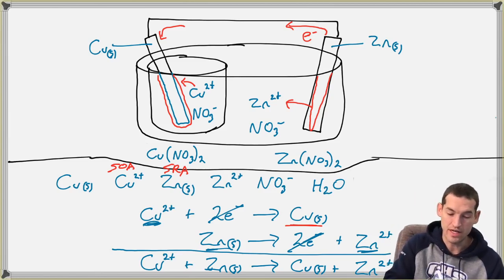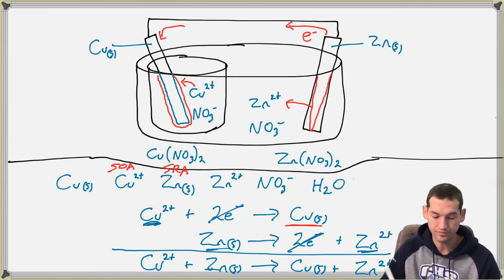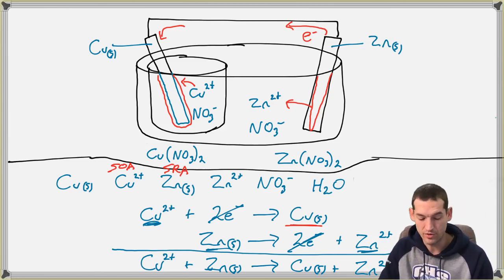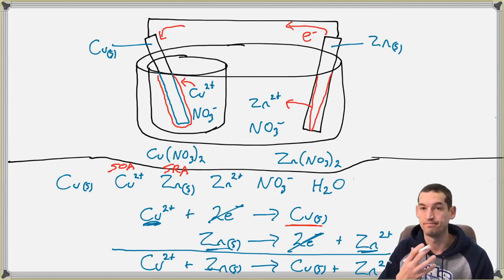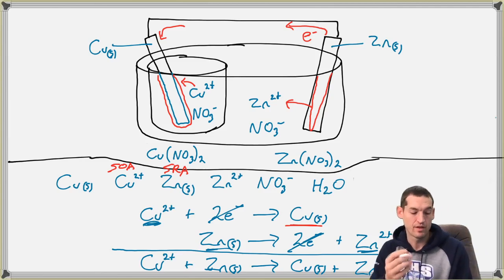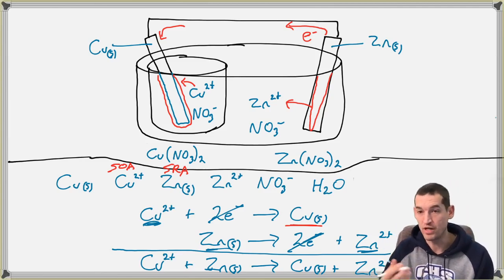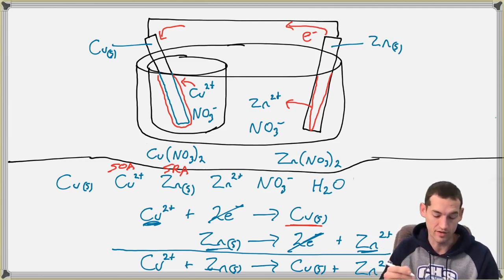And as this reaction takes place, the copper 2 positives are becoming solid, so this one is becoming more and more and more negative. This side is becoming more and more positive as we create more and more zinc 2 positive ions.